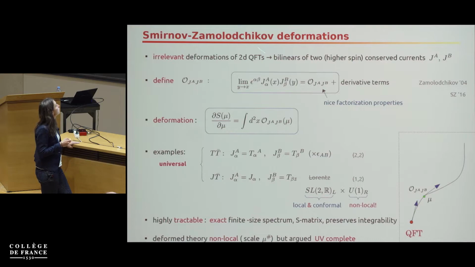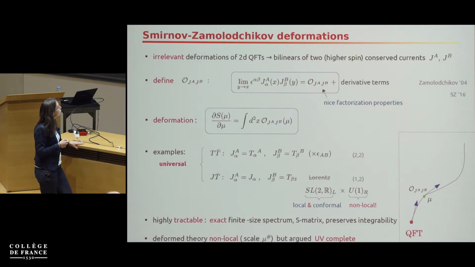And what these people showed is that as you take the coincidence limit, you have some operator that appears with a constant coefficient, and everything else is a total derivative term. So this is basically a well-defined quantum definition via point splitting of this so-called Smirnov-Zamolodchikov operator, which turns out to have some really nice properties that I won't discuss. Okay, so this defines the operator.